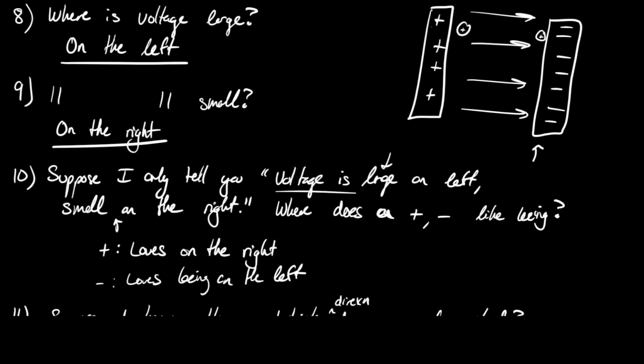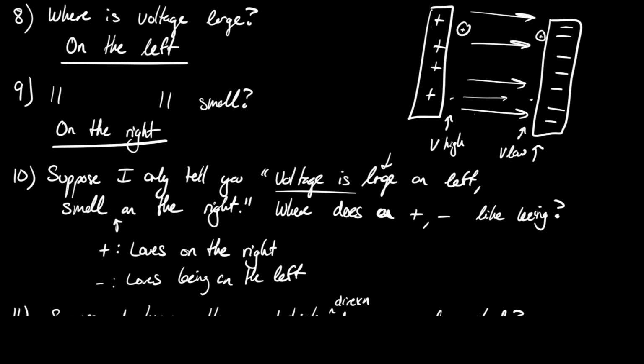Okay, we know the voltage is high here, and the voltage is low here. We know things hate being near high voltage, and they love being near low voltage, and the forces push them from high voltage to low voltage.